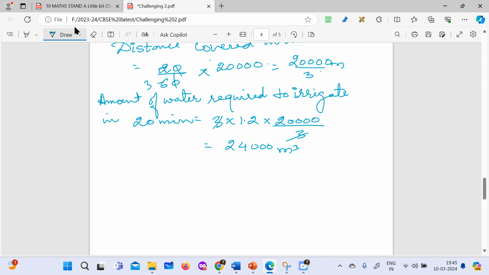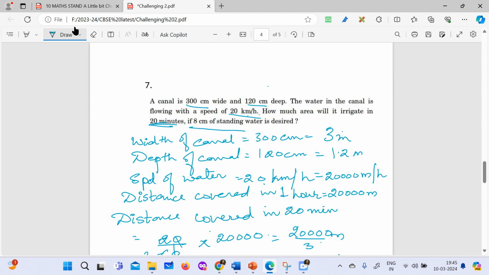Okay, now what was the question? Your question is, how much area will it irrigate in 20 minutes if 8 centimeter of standing water is required?